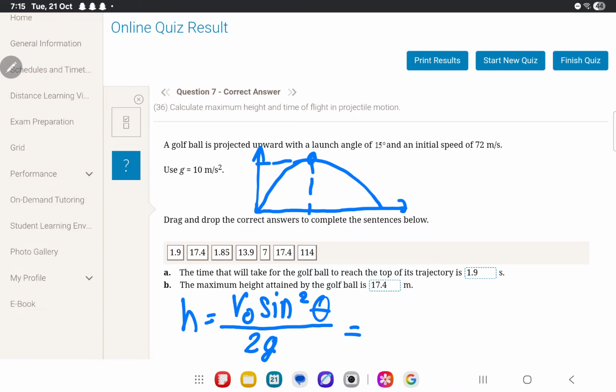So 72 sine of 15, close the bracket, then squared. Mind that, because sine of 15 squared, sine of 225, is different from sine of 15 all squared. So sine of 15, close your bracket, and then squared, over 2 times 10, which is 20.